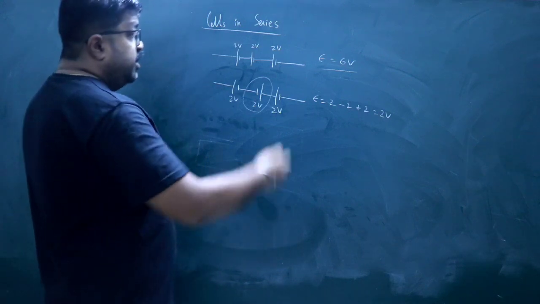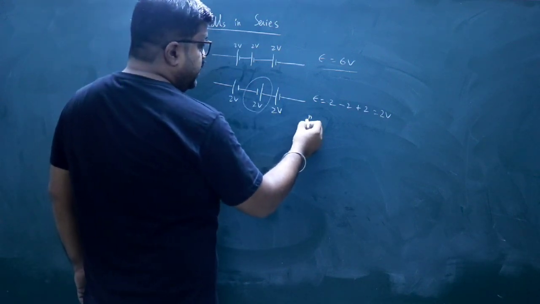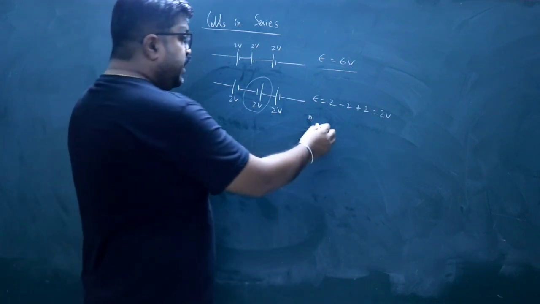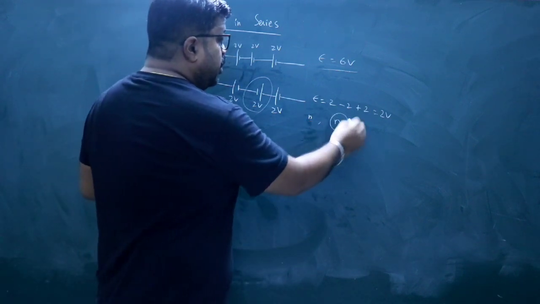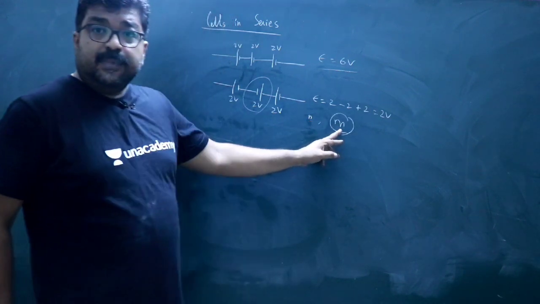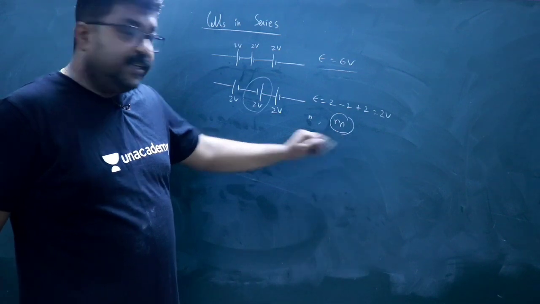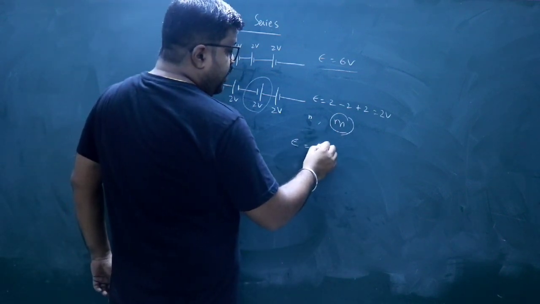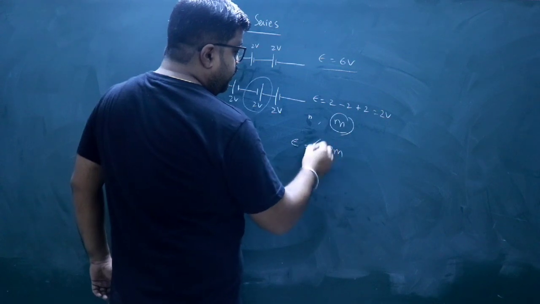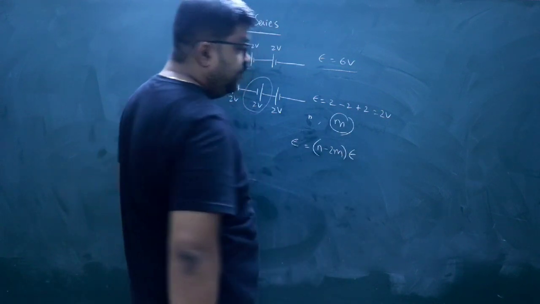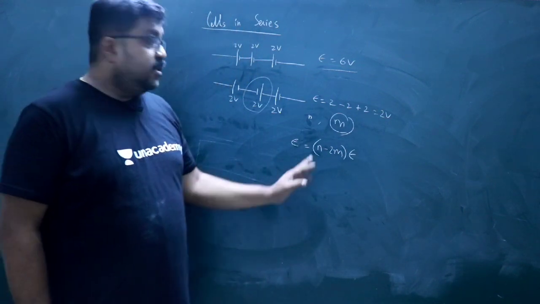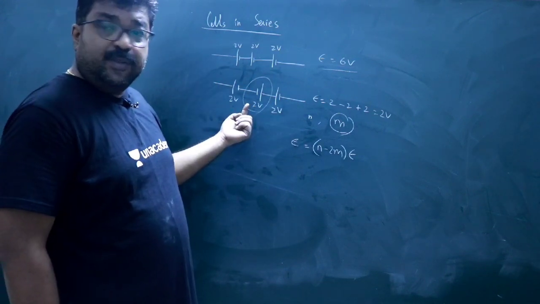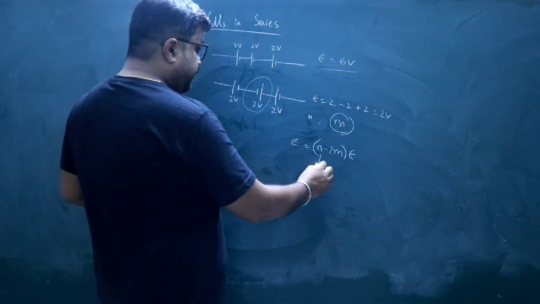So the general formula is, suppose you have n cells. Total n cells, and out of n cells, m cells are wrongly connected. In that case, the net EMF will be n minus twice m into E. Okay, see in this case, we have 3 cells, so n is 3.